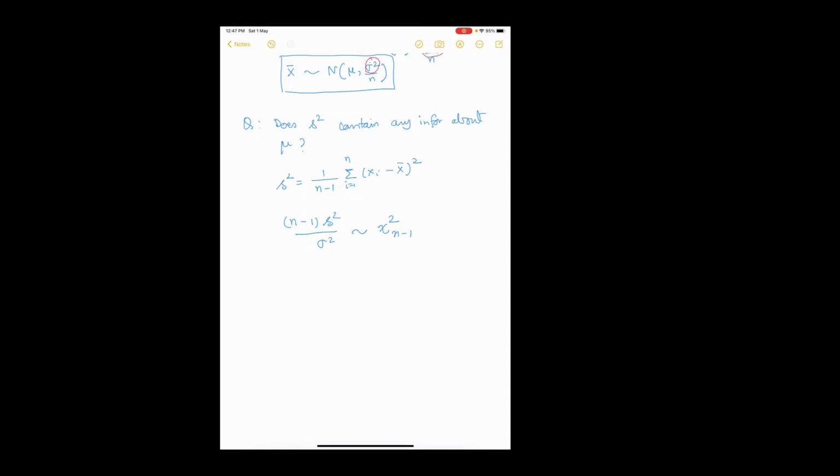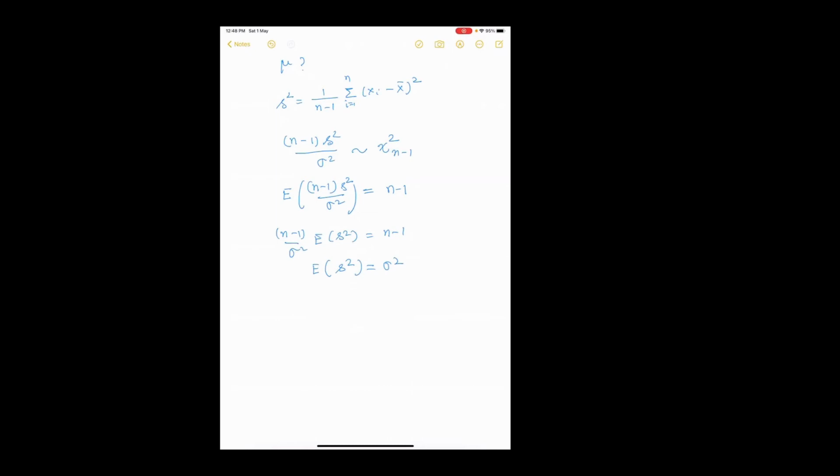So the expected value of a chi-square distribution is its degrees of freedom, n minus 1. Now n minus 1 by sigma square will behave as a constant, so I can take this out and do the adjustment. So I can show the expected value of S square is sigma square.